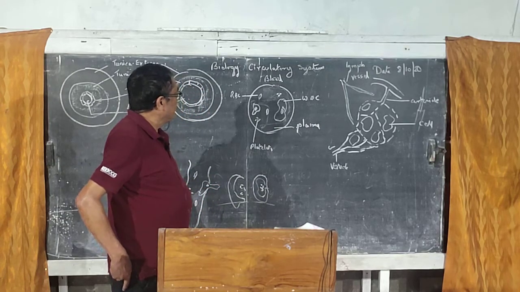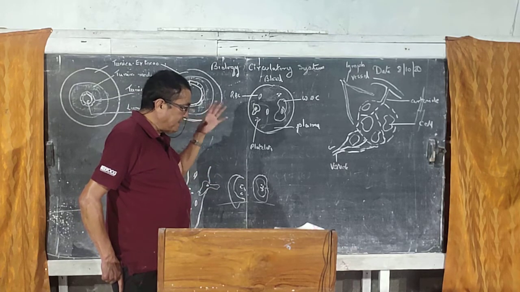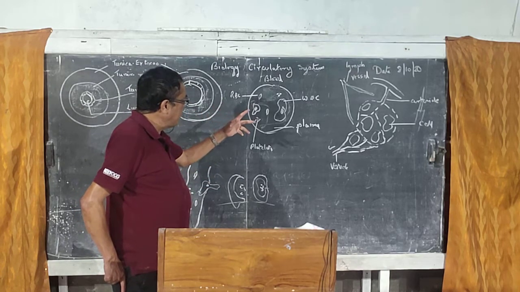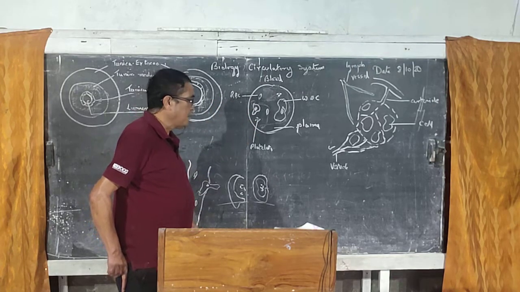Now, the blood consists of two parts, the blood cells at 45% and plasma at 55%.